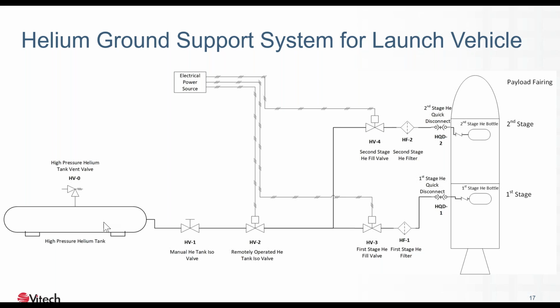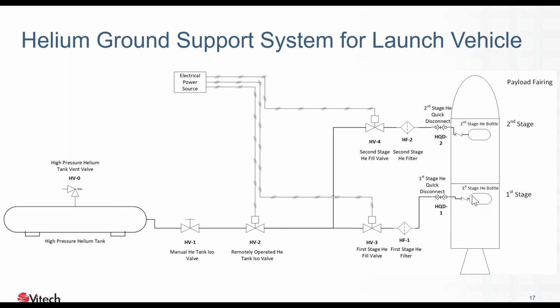The reason why I picked this is it's a very simple system, and it's pretty easy to understand the concepts going along here. The concept of operations is that several hours before launch, the responsible engineer or technician will go out and open up this isolation valve, and then somebody in the control room, at the right particular time, will start to send automated commands to this valve called HV2 to open it up, and then will allow helium to flow up to the first and second stage fill valves.